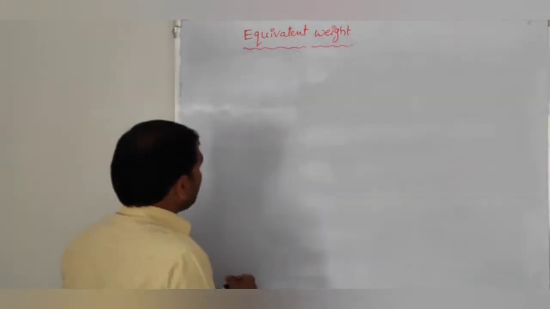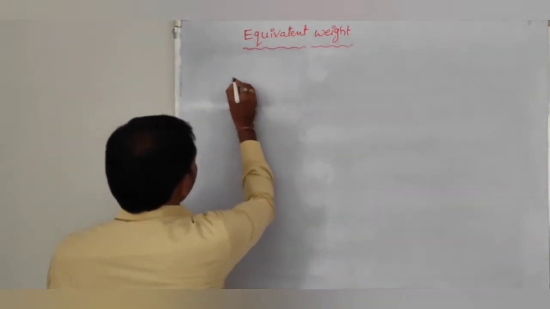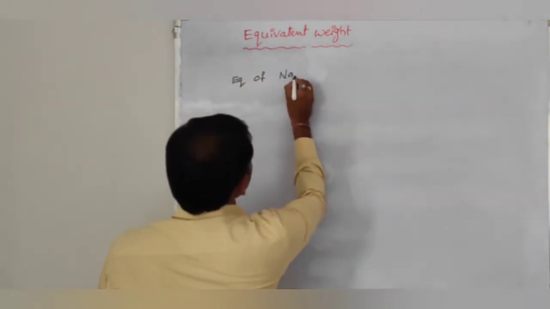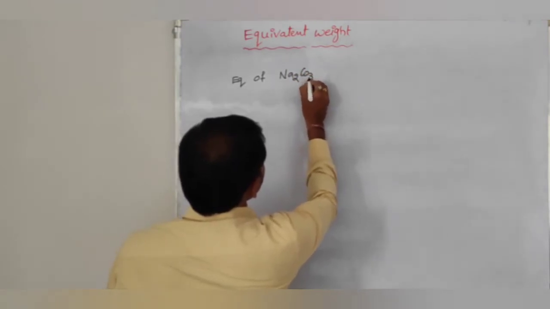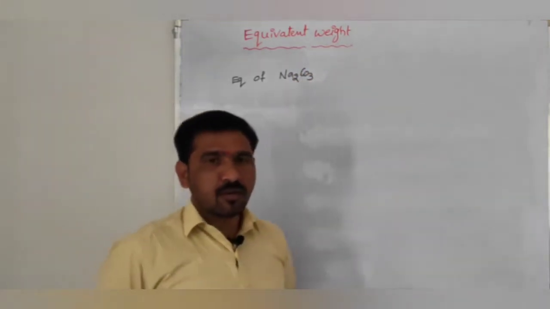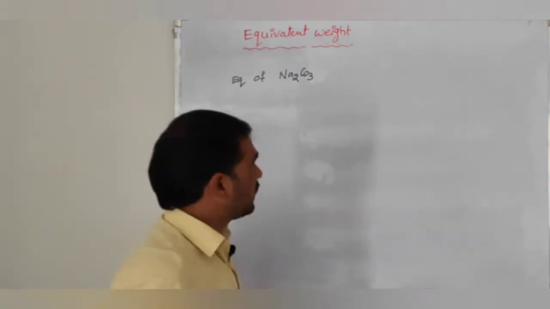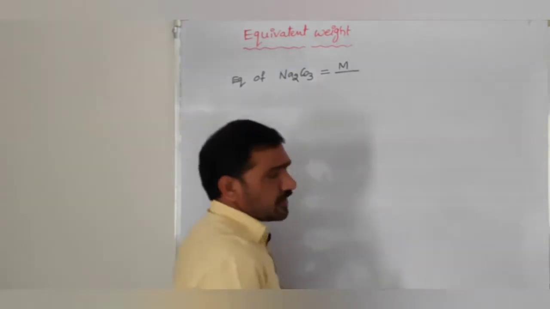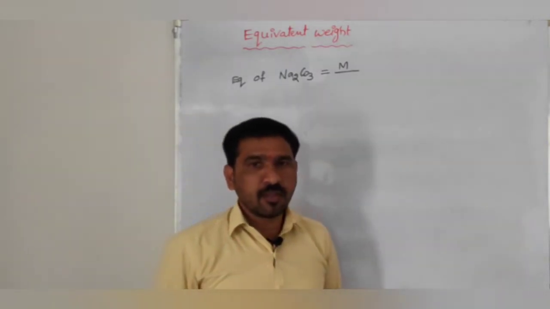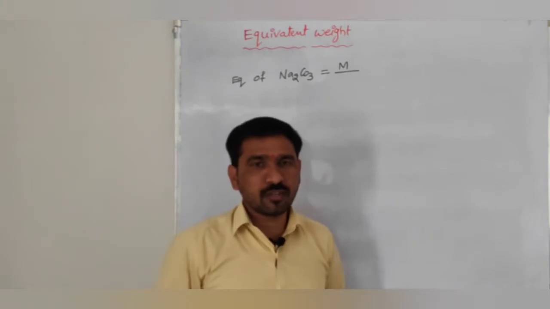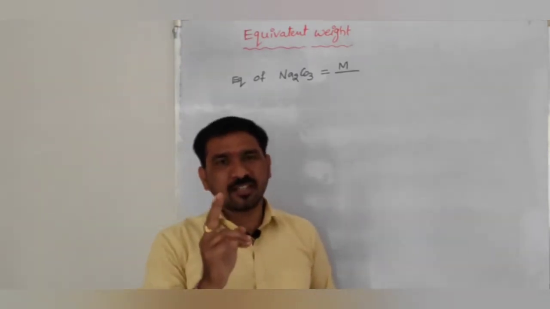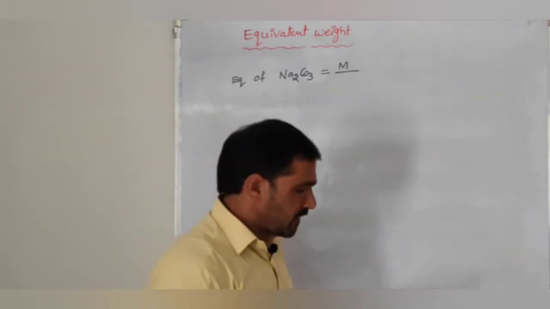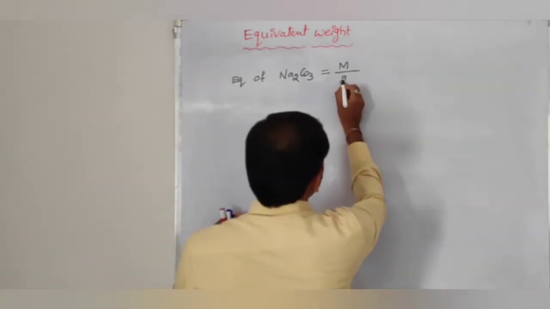Here, beta, the equivalent weight of Na2CO3. This is washing soda, Na2CO3. That is equal to the molecular mass divided by the n factor. Here what is the n factor? 2, because 2 H plus ions replace these 2 Na plus ions. Therefore, here n factor equal to 2.